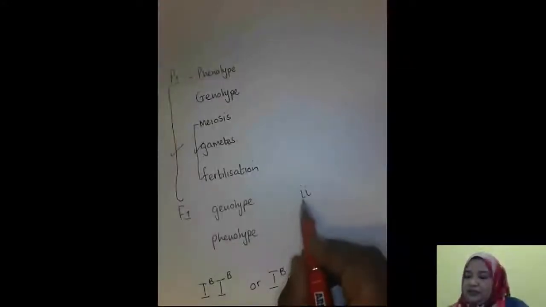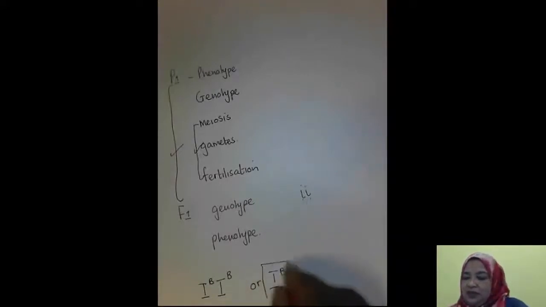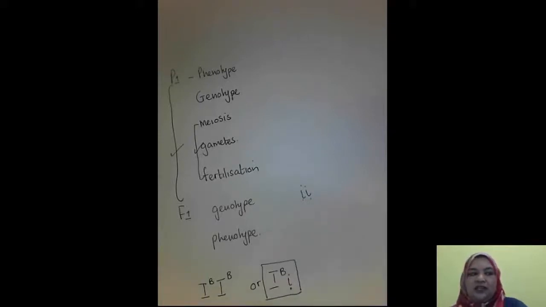So 1 allele from mother and 1 allele from father. That means that both the mother and the father must have the recessive allele. They must donate their recessive allele in order for a child to have blood type O. It must be homozygous recessive.